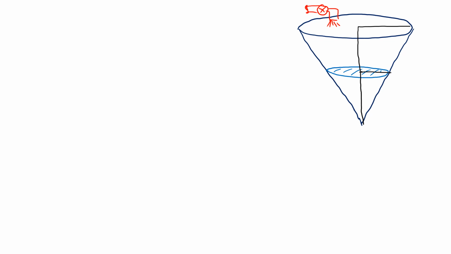We need to know what the radius of this one is, and the base radius is given, which is 3. We also need to know the height of this small cone-shaped water.